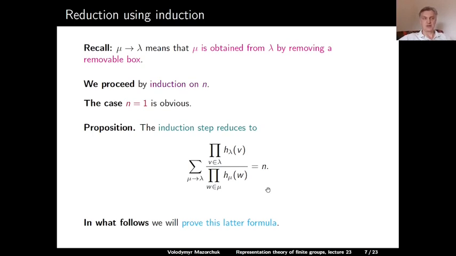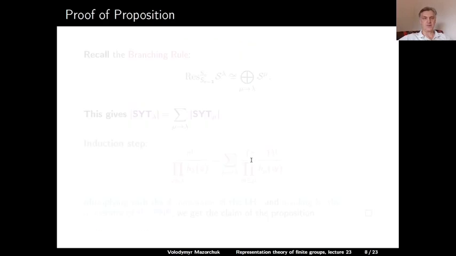So let us prove the proposition. Let us establish that the induction step for the hook formula can be reinterpreted as this equality. So recall our branching rule. We know that if we take the Specht module S lambda and restrict it from S_n to S_{n minus 1}, this decomposes into a direct sum of S mu, where mu arrow lambda.